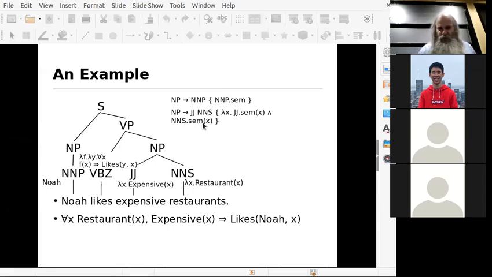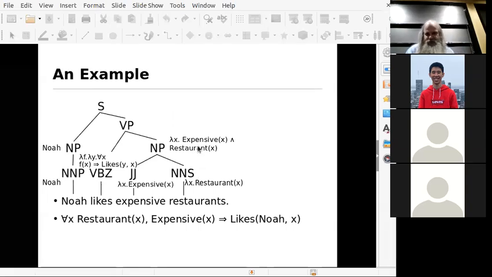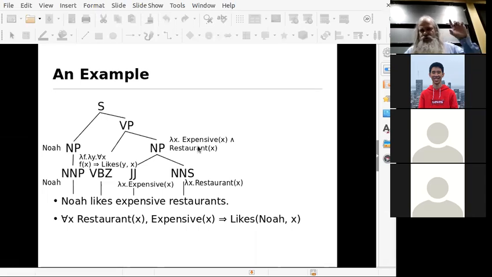So let's look at that, and if we get that, we can look at how this gets applied, and we end up with lambda x, expensive x and restaurant x. These x's are different. Remember, the x's are all conditioned on the particular lambda. Likewise with Noah, Noah just gets copied up.